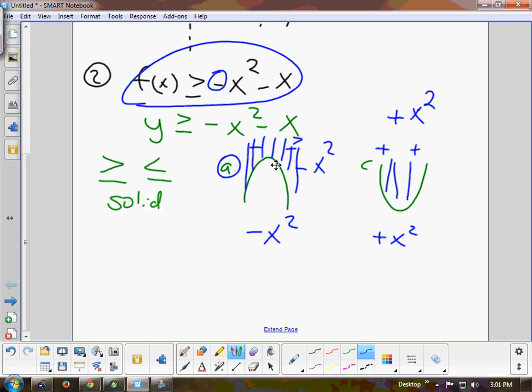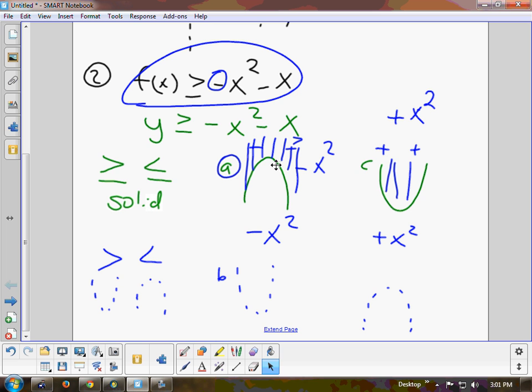Okay, so if it was greater than or less than, it would be a dotted parabola, and depending on which way it was shaped, it would be dotted. That's choice B and D. So B has a dotted parabola like this, and D has a dotted parabola like this. So that tells you dotted or solid.